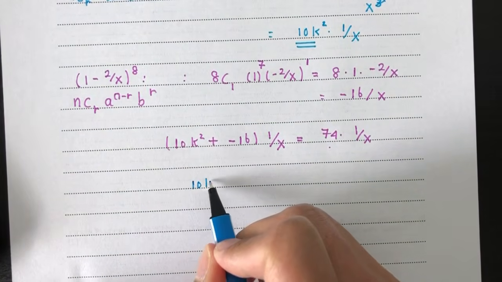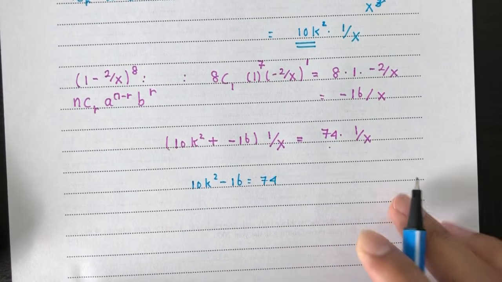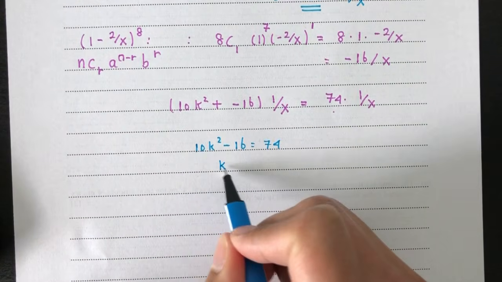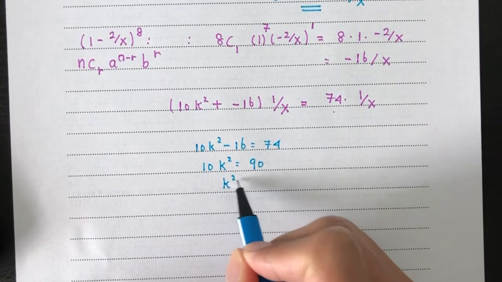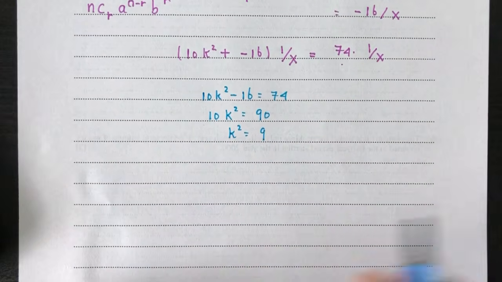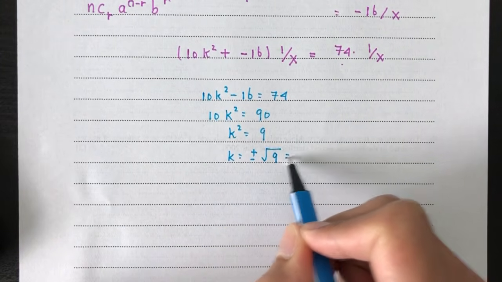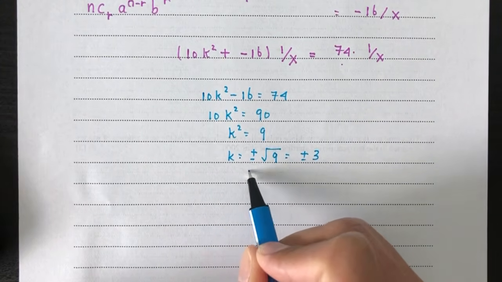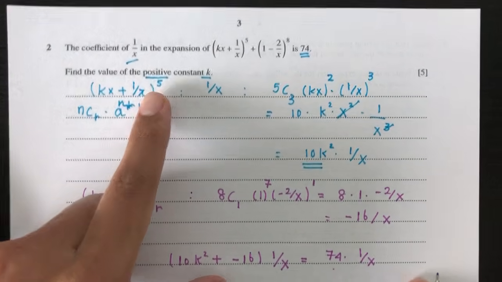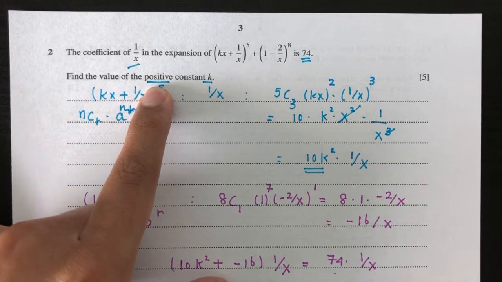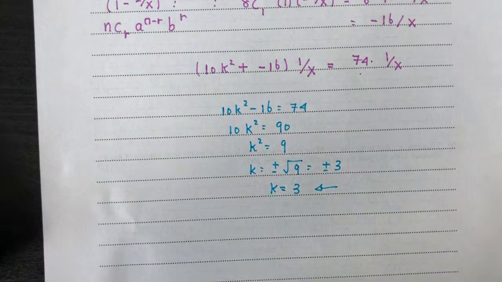So 10k squared minus 16 equals 74. Now 10k squared will be 90, so k squared will be 9. So the value of k will be plus minus root of 9, which is plus minus 3. So k will be equal to 3, because it says the value of positive constant k, so k will be 3. And this is your question number 2.